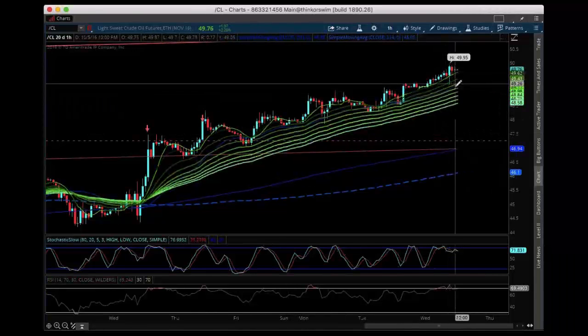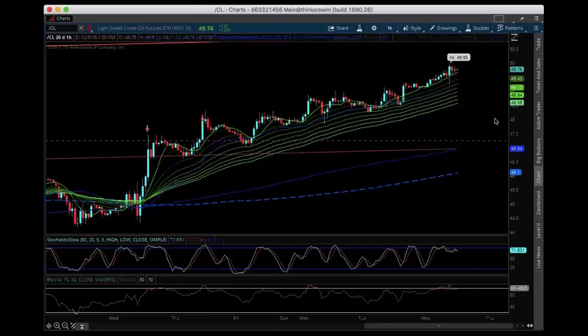For us to get more aggressive on oil, we actually need to start breaking some of these things that are defining this uptrend, these higher lows. If the market were to reverse here and then finally break to new lower lows, then you'll see us get more aggressive, doubling and tripling our positions. Then we'll get more aggressive even on the day trade level.